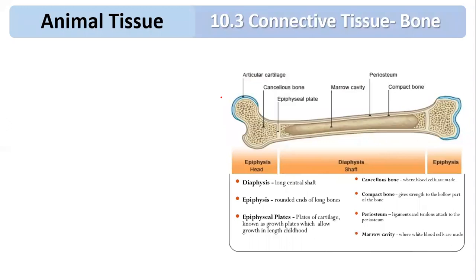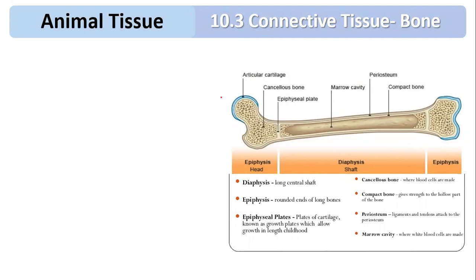There will be deposition of bone in the epiphyseal plate, which is called ossification. So in growing children you can see the epiphyseal plate. Its function is to allow the expansion of the bone, and once growth is completed, it will undergo ossification.